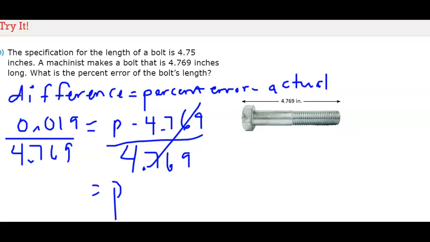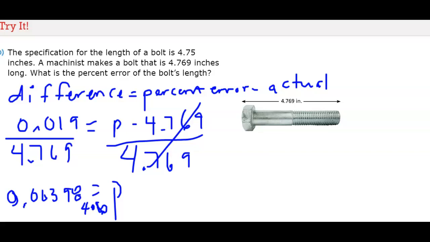That equals 0.00398406. I couldn't fit it all there. And then we want to make that a percent.